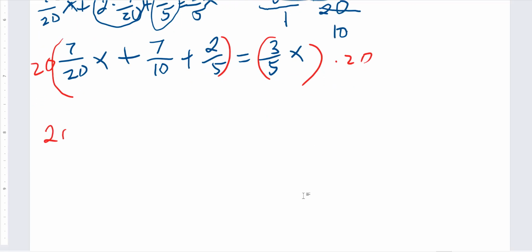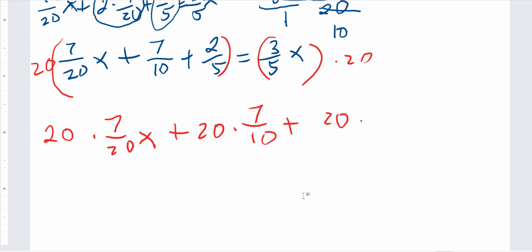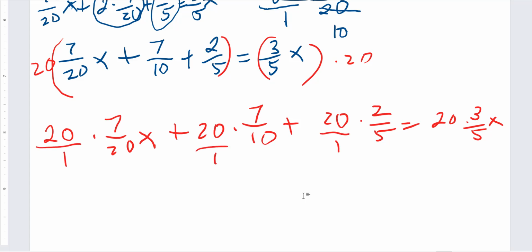That's going to give me 20 times 7/20 x plus 20 times 7/10 plus 20 times 2/5 equals 20 times 3/5 x. Again, if I'm multiplying a whole number by a fraction, it's a good habit to put a 1 underneath each of those whole numbers.